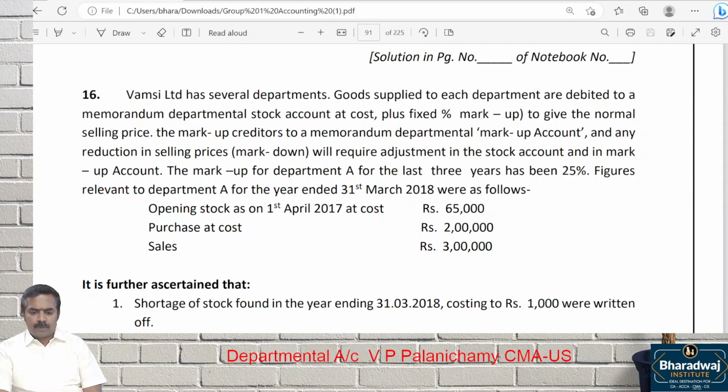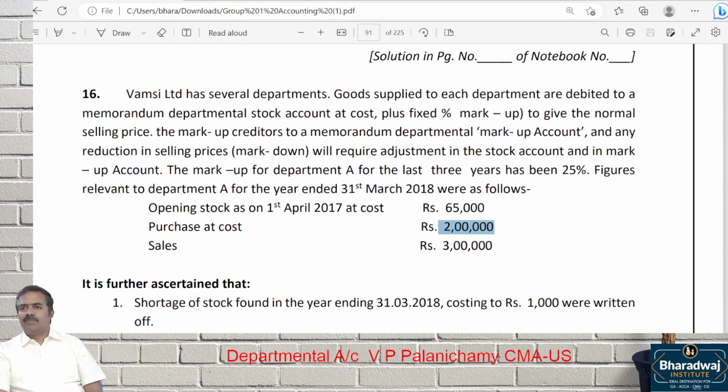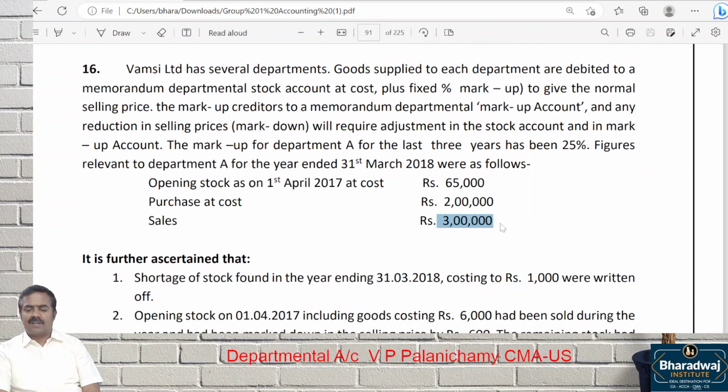The figures relevant to Department A for the year ending 31st March 2018 are given to us. Opening stock value is given at cost. So while recording in stock account, what will you record? 65,000 plus 25%. Purchases you will record 2 lakhs plus 25%. Whatever is marked up, you will record in which account? Memorandum stock account. Sales you will record as by sales, that's all.